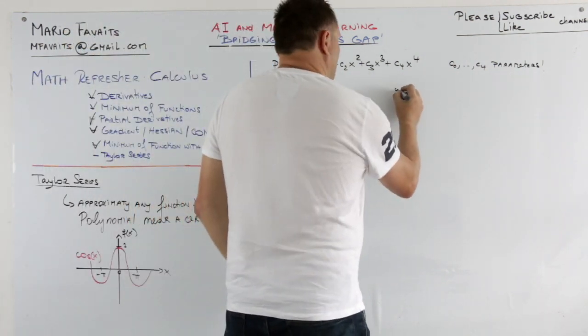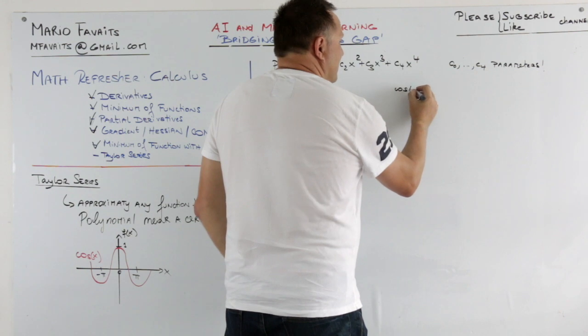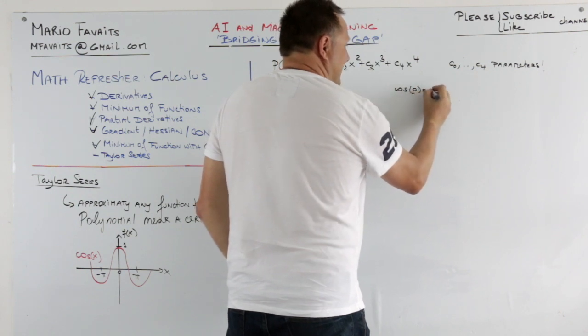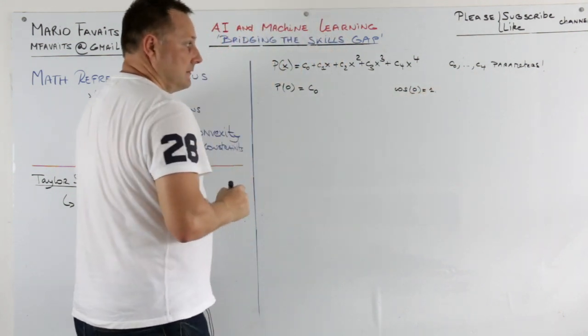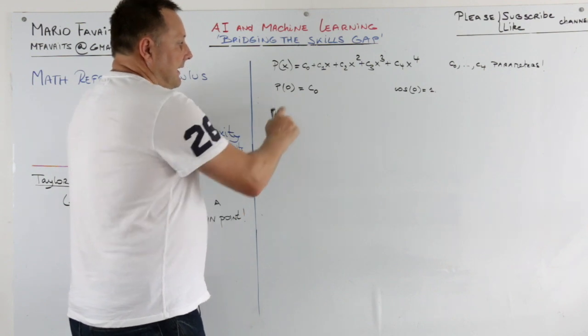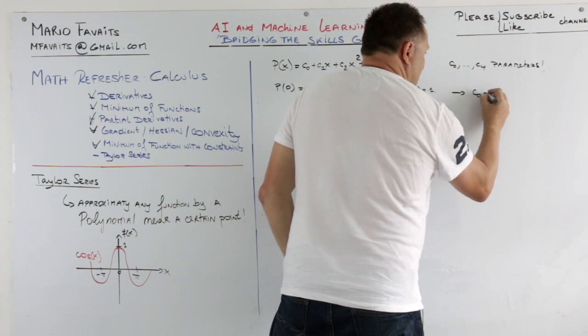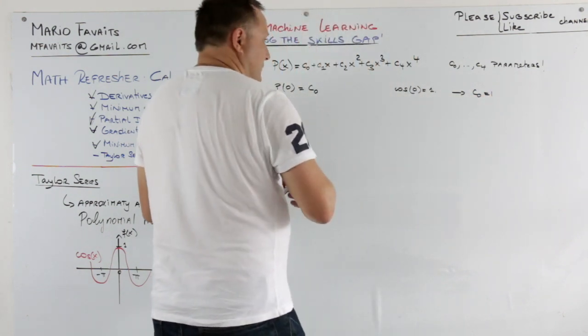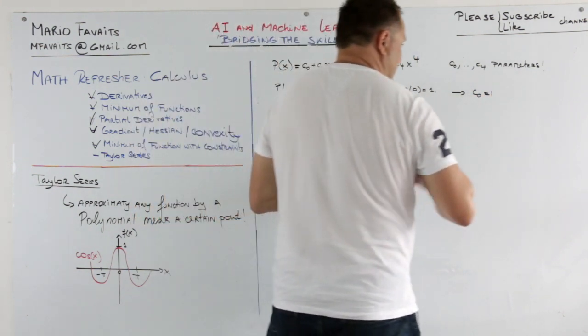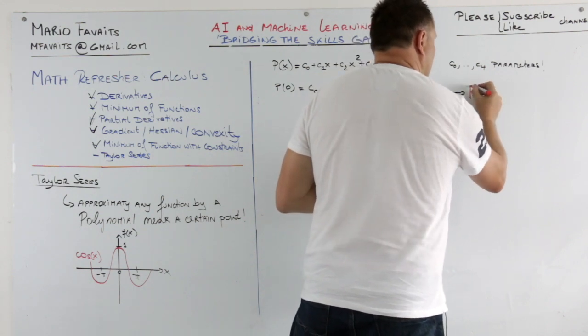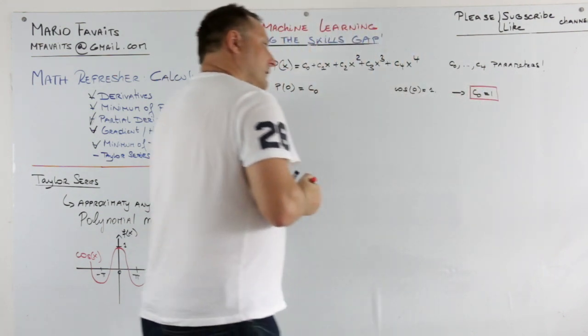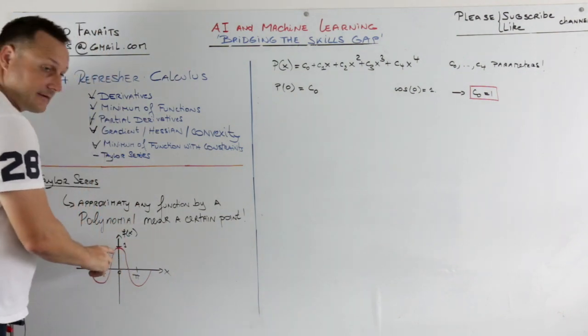And the cosine of 0 equals 1. We want them to be the same, so that means that C0 equals 1. So we found already the first parameter, and they will intersect at the same level.